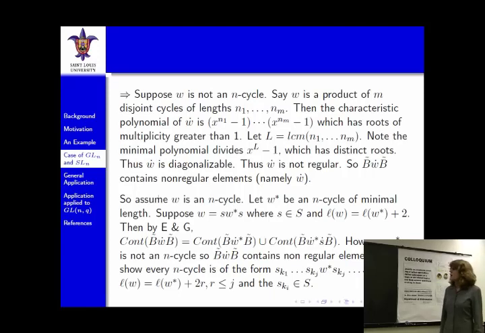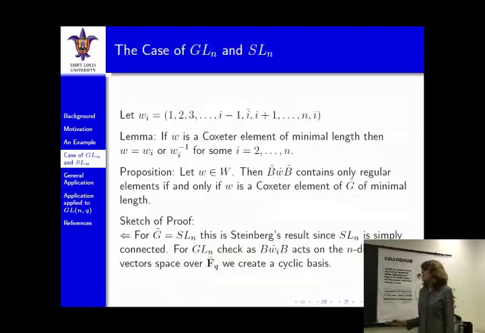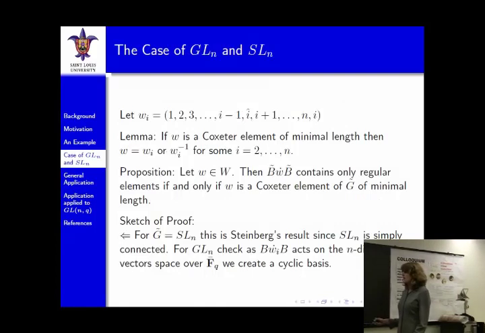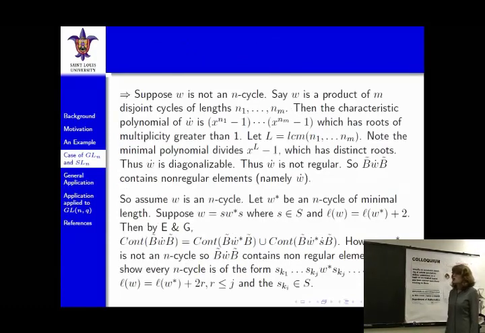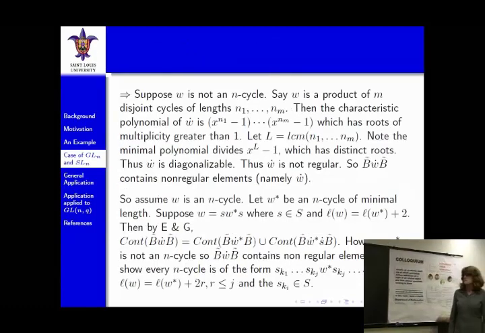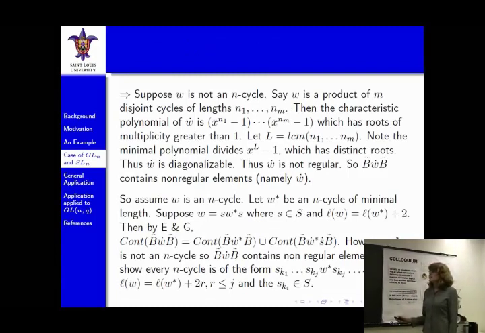All right, what about the other direction? The other direction is the converse of Steinberg's theorem. I'm assuming my Bruhat cell contains only regular elements, and I want to show that W is Coxeter of minimal length. Well, what if it's not even an n cycle? Then things really go wrong, just using linear algebra. If W is not an n cycle, then W is a product of disjoint cycles.